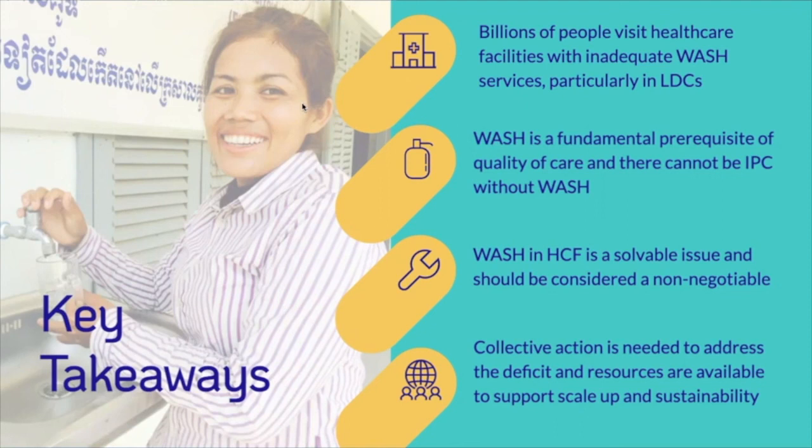WASH in healthcare facilities is a solvable issue and should be considered a non-negotiable in all healthcare facilities everywhere. And lastly, collective action is needed to address the deficit, and resources are available to support scale up and sustainability. And certainly a great place to start to learn about other key actions, country examples, and other case studies is washinhcf.org.